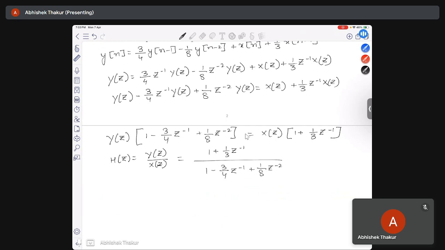So we can write the denominator as a product of factors: (1 - 1/2 z^-1) and (1 - 1/4 z^-1), which gives 3/4 z^-1 and 1/8 z^-2.